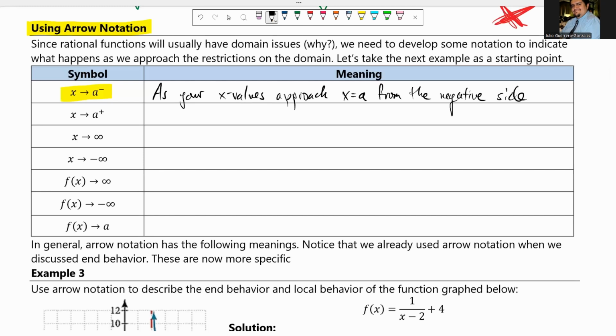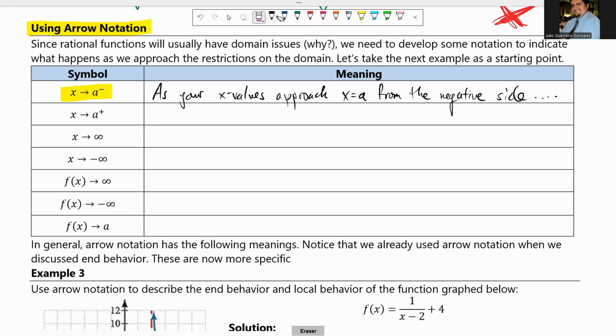And I'm going to put a dot, dot, dot, because this one tends to have some stuff on the tail end there. And we'll get to that when we see calculus, okay? But what we're doing here with this one is we are approaching an x value, right? The x value that we're approaching in this case is a, right? A can be whatever it wants. But we're approaching it from the negative side, right? Or from the left side, since the left side tends to have the negative values, okay?